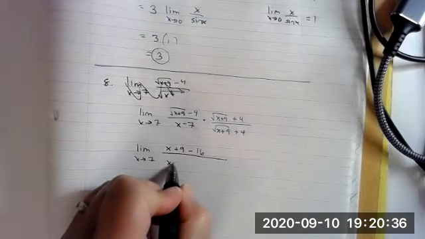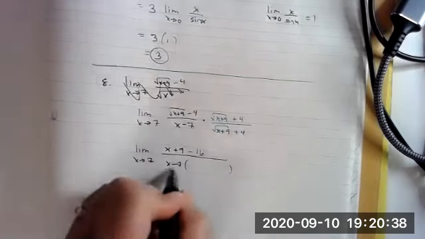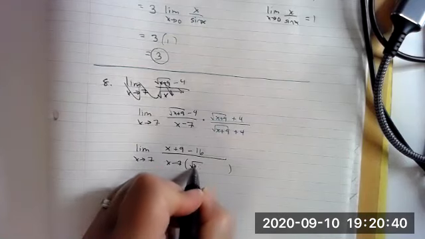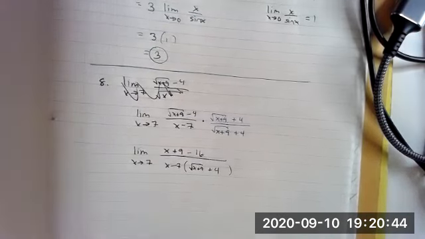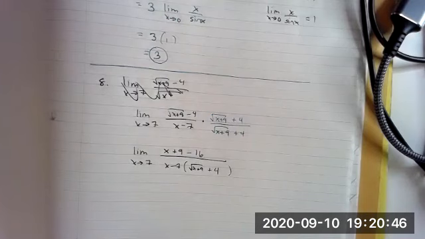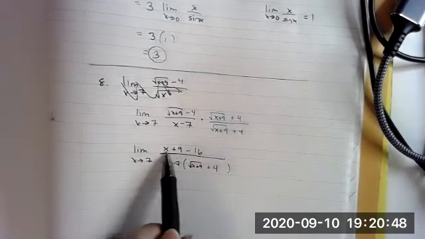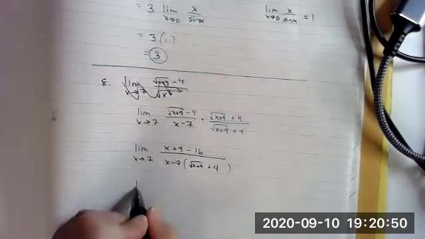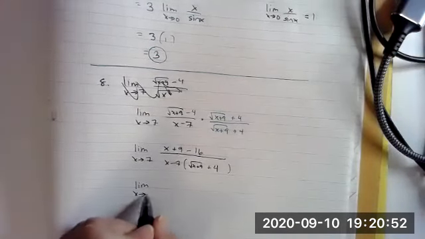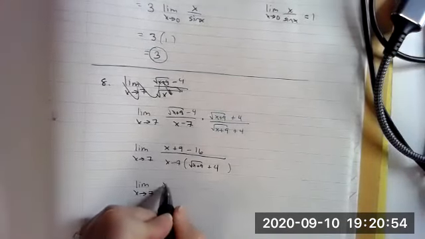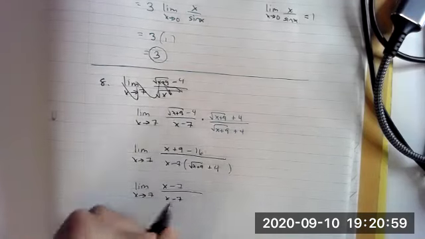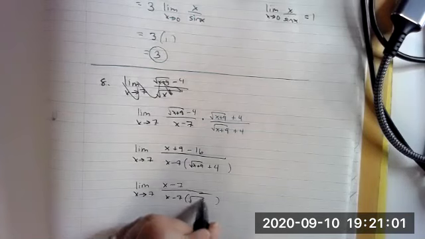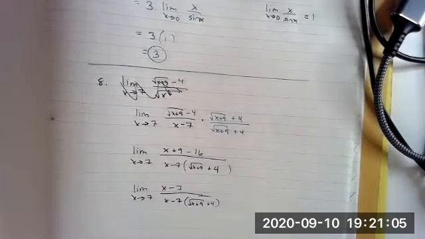And then in the denominator, we have all of this, x minus 7 times the square root of x plus 9 plus 4. If we simplify this numerator and combine like terms, we're going to get x minus 7. Okay, and then I'm going to rewrite everything that we had in the denominator, the square root of x plus 9 plus 4.